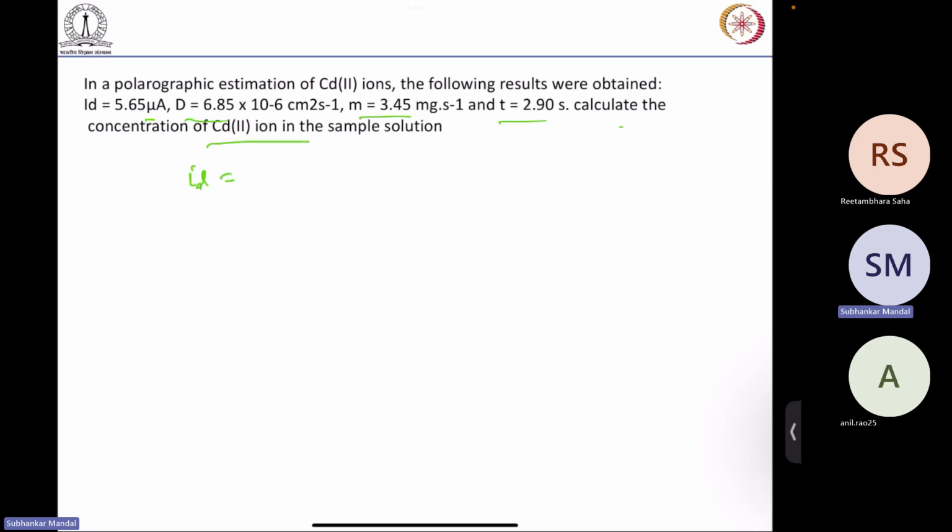Id is equal to 607 n C D to the power half m to the power 2 by 3 t to the power 1 by 6. So I have to calculate C, the concentration of the sample. So I can write C is equal to Id divided by 607 n D to the power half m to the power 2 by 3 t to the power 1 by 6.